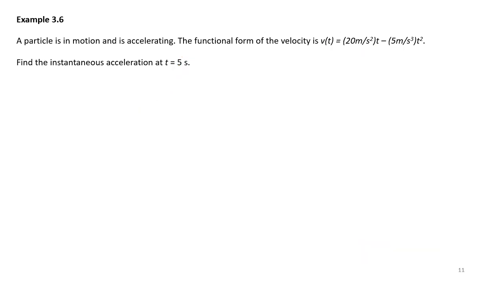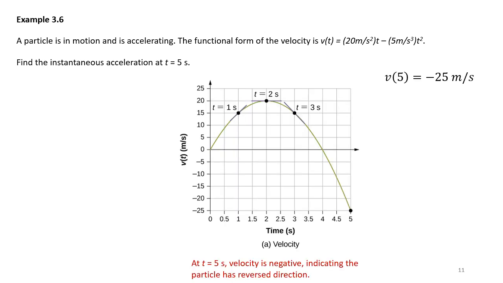Now if you look at the graph, you know the acceleration is a function of time. So if you look at this velocity function, if you find the velocity at t is equal to 5 seconds, just substitute 5 seconds here, 5 seconds here, you will get minus 25 meter per second.